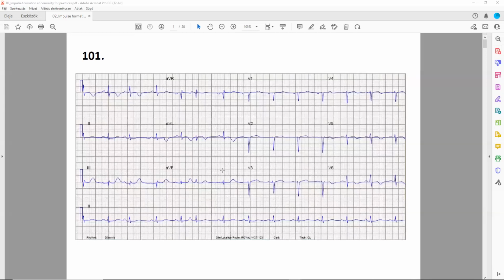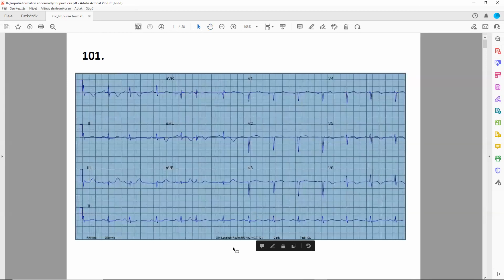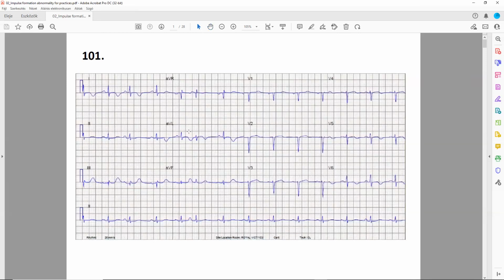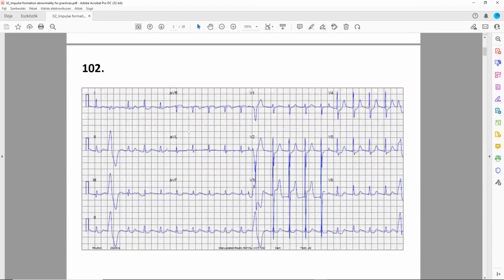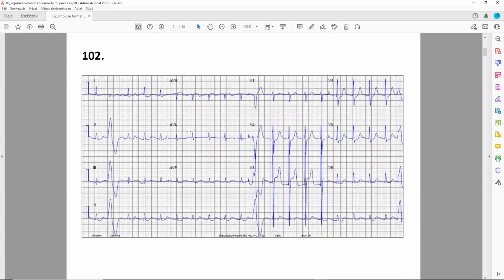Okay, you can see it. 101. Who has 101? Nobody has. They're probably not here. Okay, go on. 102. Well, let's do this one because now it's a nicer one.